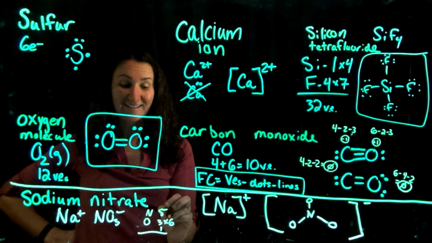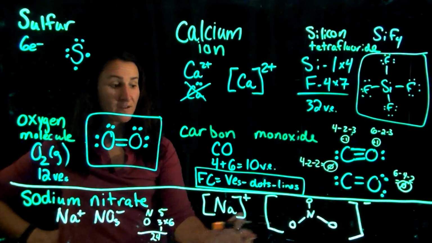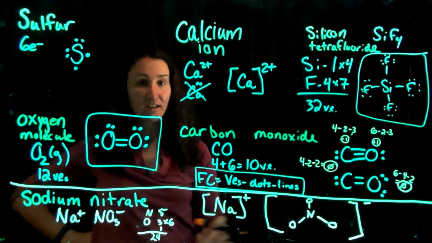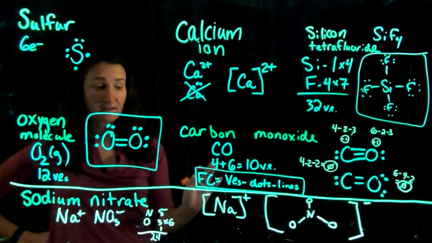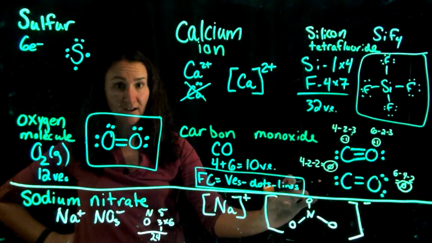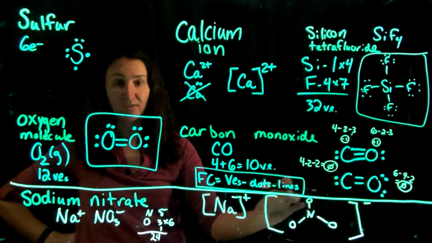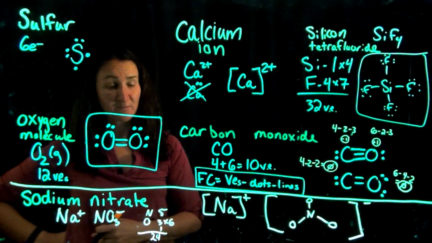Let's see, what is 18 plus 6? That's 24 electrons. With 24, that tells me I need 8 around each one of my oxygens, which is great. But I could accomplish that with a single bond and then electrons around it, 2 pairs. Or I could do double bond in 2 pairs, or a single bond in 3 pairs. It just depends on which one's more stable.